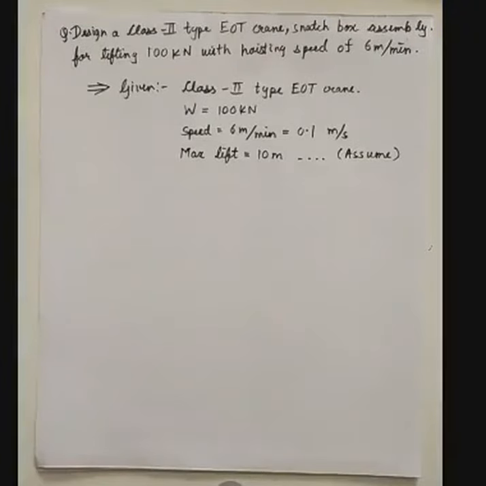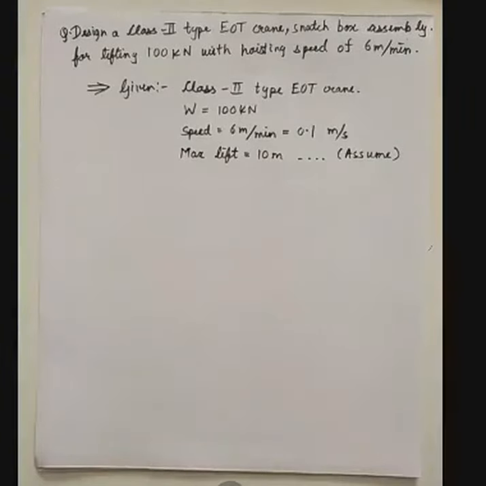This is the given data in the question: you have to use class 2 type EOT for designing. The load which is to be lifted is 100 tons, and the speed by which you will be lifting this 100-ton load is 6 meter per minute. हर मिनट में 6 मीटर ही ऊपर जाएगा वो, ठीक है. और मैक्सिमम लिफ्ट जो है, आपका सामान कितना ऊपर लिफ्ट होना चाहिए, वो उसने दिया नहीं है क्वेश्चन में.